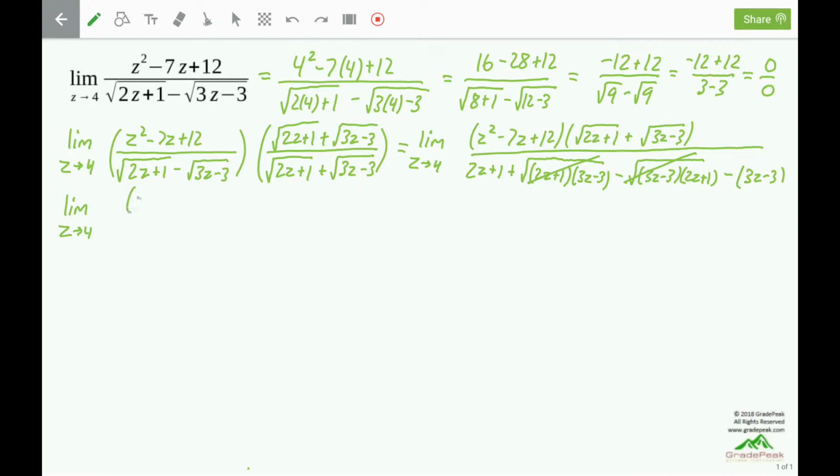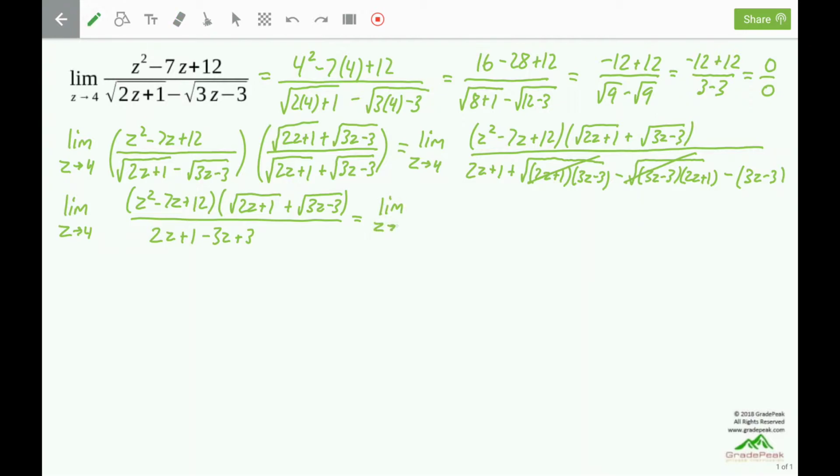In the numerator, we're going to leave that alone. Z squared minus 7z plus 12 times the square root of 2z plus 1 plus the square root of 3z minus 3. In the denominator, we will have 2z plus 1 minus 3z plus 3. And we can then combine together like terms in the denominator.